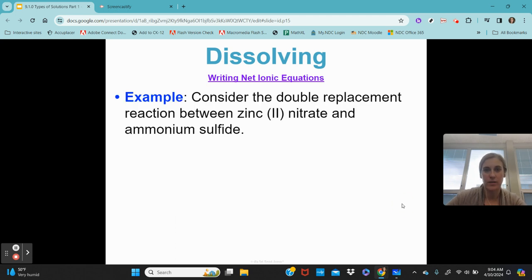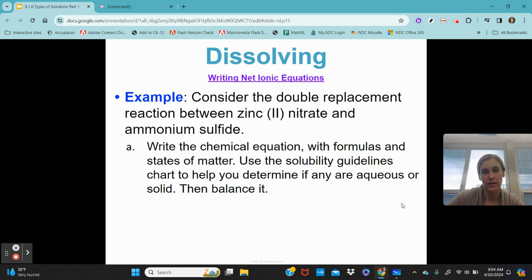So let's consider the double replacement reaction between zinc nitrate and ammonium sulfide. On your Practice 1, there's an example for you so you know the format. I will do a couple of examples at the end of the slideshow if you want to watch that for additional examples. We're going to write a regular chemical equation with formulas and states of matter.